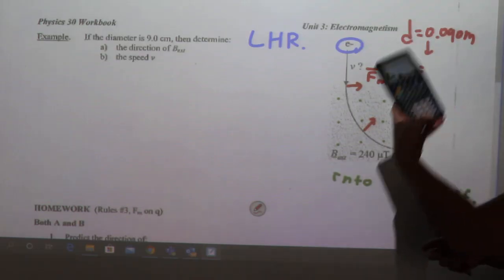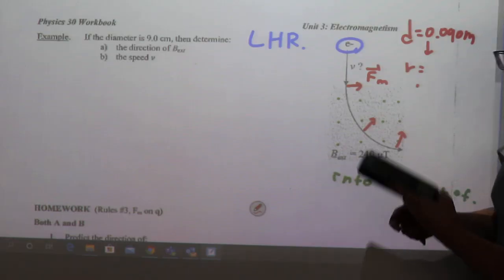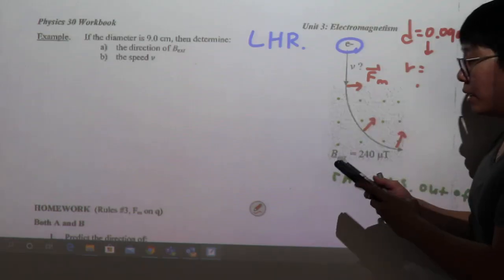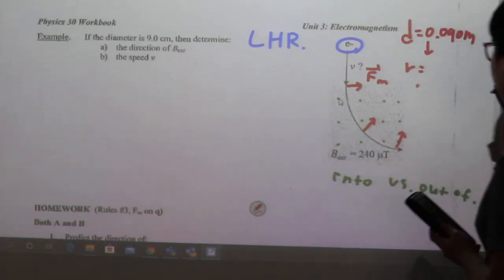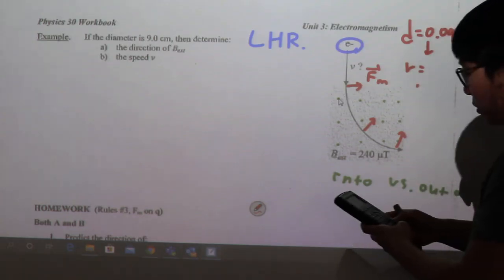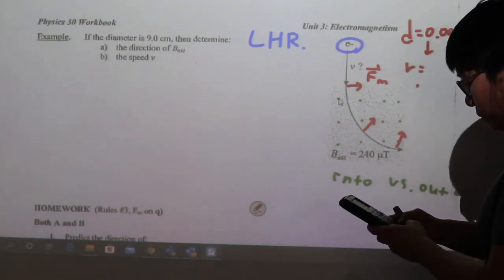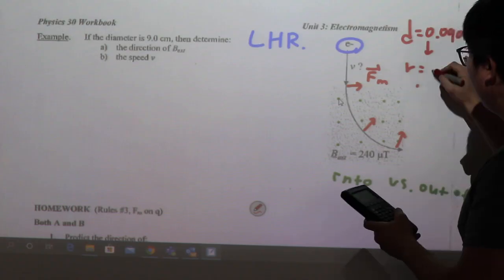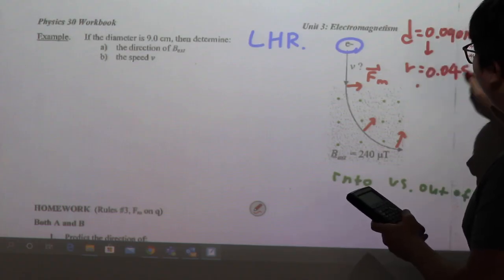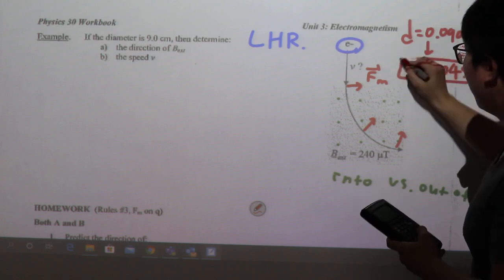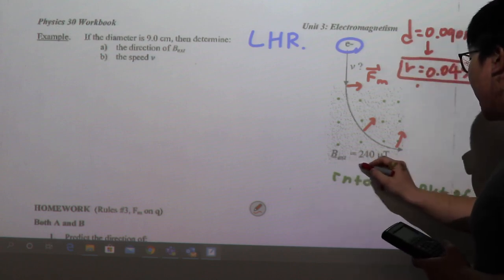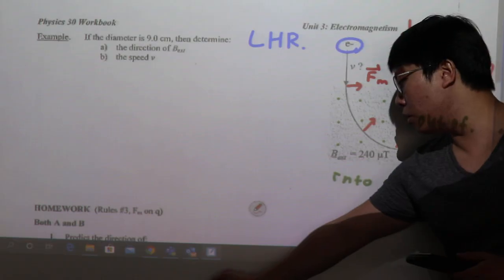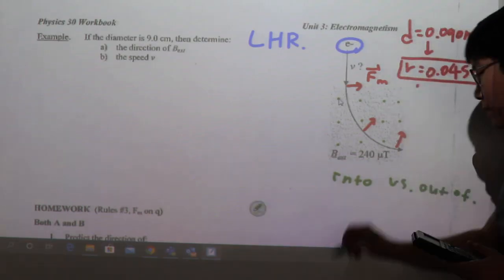So get your calculator ready. Unfortunately, I don't have a calculator on this computer, the fancy version, so I'm going to use my Texas Instruments calculator. So 0.090 divided by 2 will give me 0.045 meter. So I have the radius and I have the magnetic field, which is 240 microtesla.